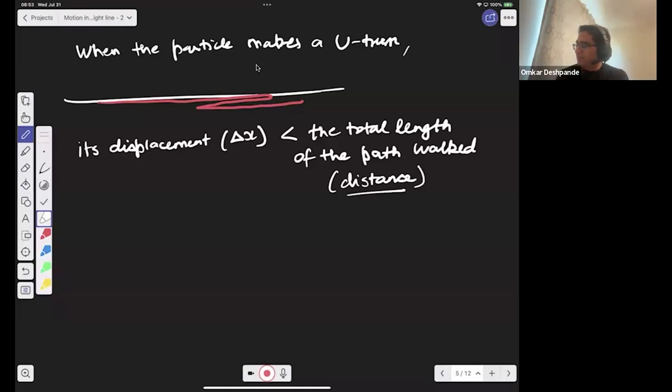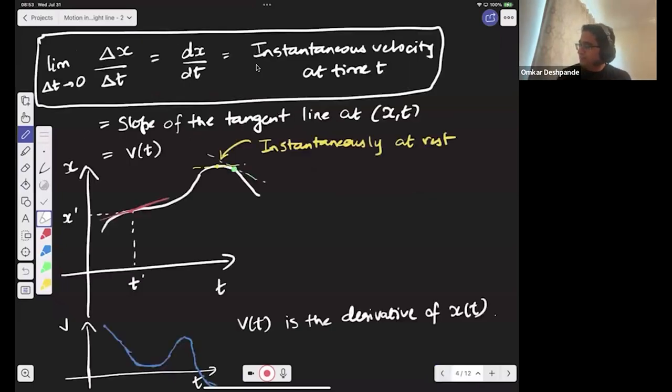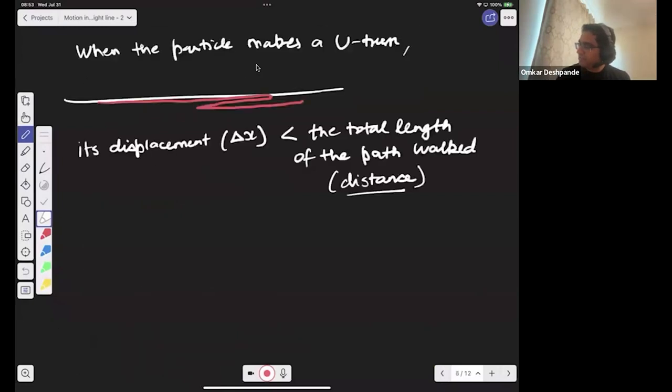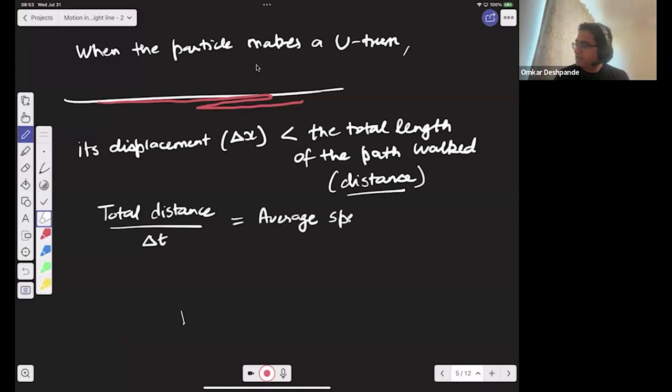And so if we could define the rate of change of motion based on displacement as the average velocity, we could define the rate of change of the location of the particle in terms of distance as well. So we could define a quantity called the total distance divided by the total time, but that would need to be given a different name. It would be the average speed.